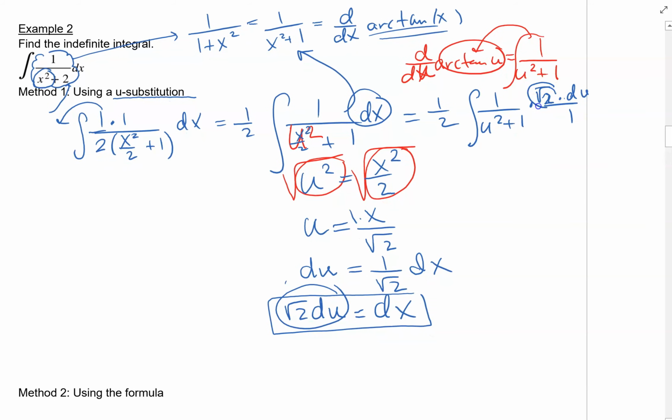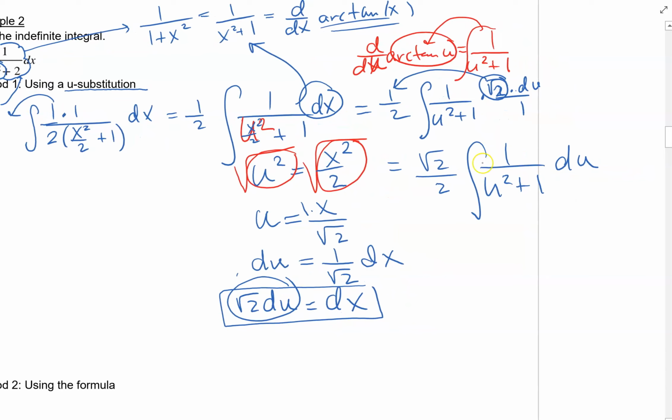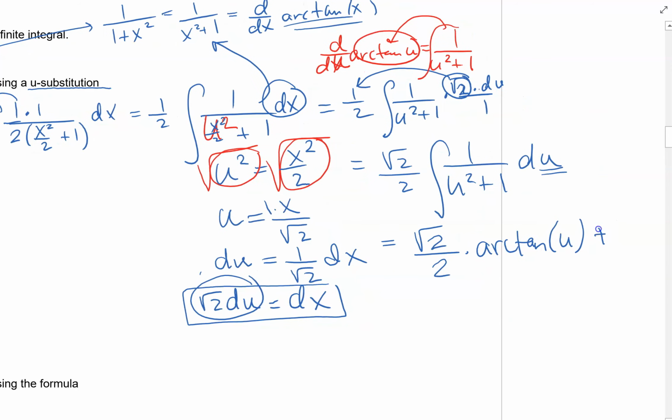So I have another constant here that I can just pull out. Then this would equal rad 2 over 2 on the outside, and then 1 over u squared plus 1 du on the inside. That's just the derivative of arctan u, right? If I'm doing this with respect to u, which is kind of like my x, then the antiderivative would just be rad 2 over 2 times arctan of u plus a constant.